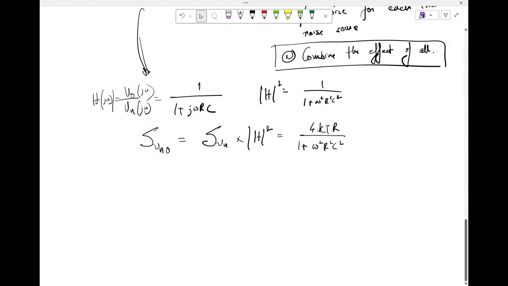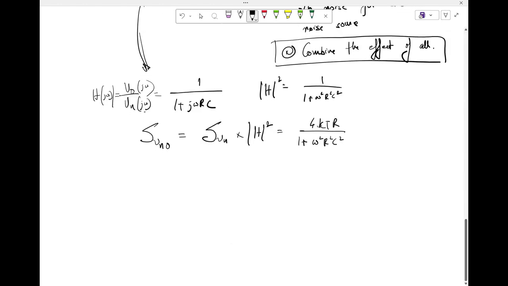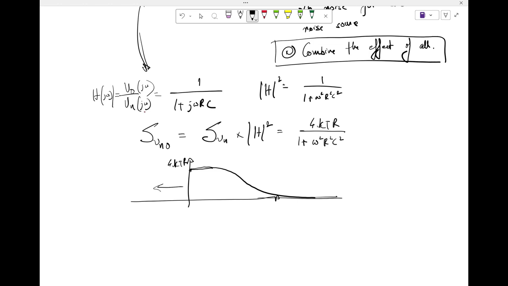If I have to plot this, how should I plot this? This will become 4kTR and then it will roll off, asymptotically going to 0. If this is 4kTR, then this side I don't have anything because I have taken one side as spectral density.